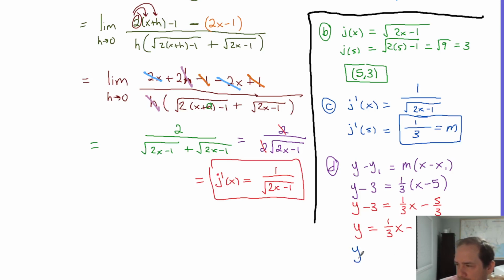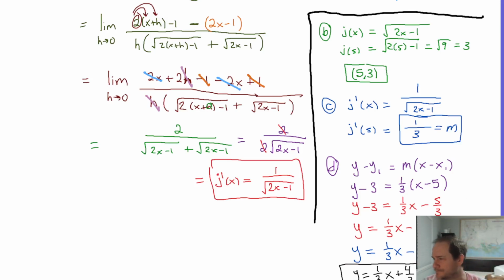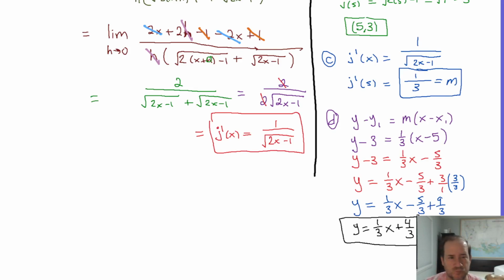And we see that what we've really got is y equals 1/3 x minus 5/3 plus 9/3, which gives us a final answer of y equals 1/3 x plus 4/3. And so there's your final answer for the equation of the tangent line, which almost didn't fit. It fits fine. All right, but that's the final answer.